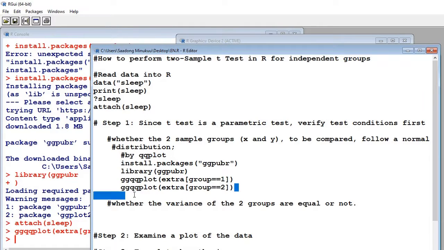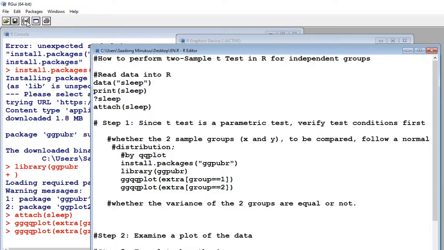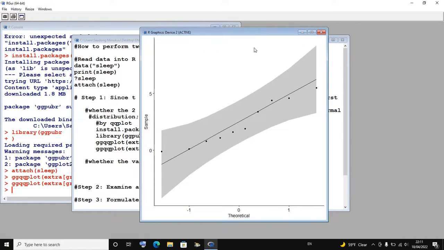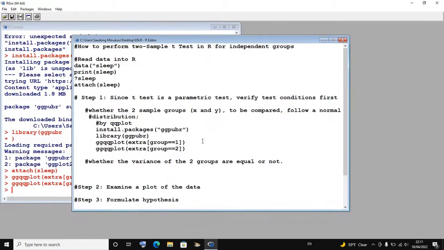If I had wanted, I would have used the par command in order to put the two graphs on the same plot, but we are not interested in comparing the two graphs. Our aim is simply to know whether each of the two groups actually follows a normal distribution. So this is for group 2, as you can see. If you want, let me close this one and take it again, and you will see it is for group 2.